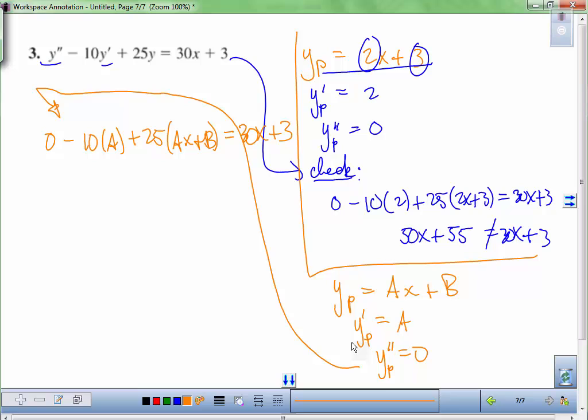And if we do some stuff, you get flashbacks of Calc 2, right? You come up with a has to be 6/5. Whoa. Slow down.